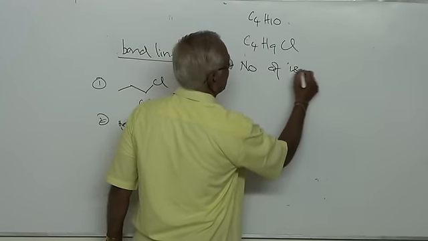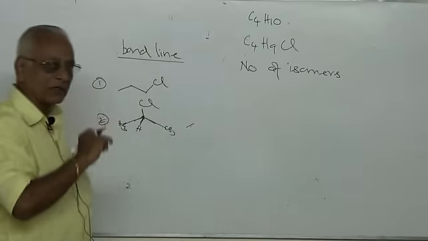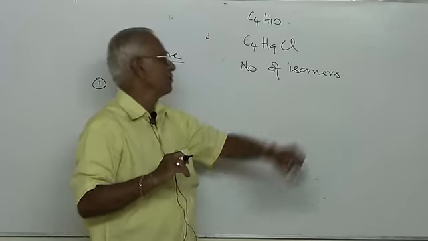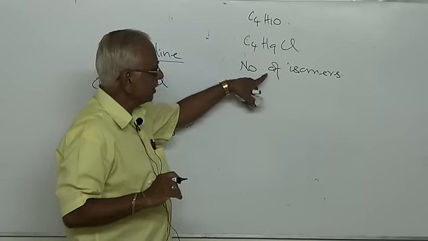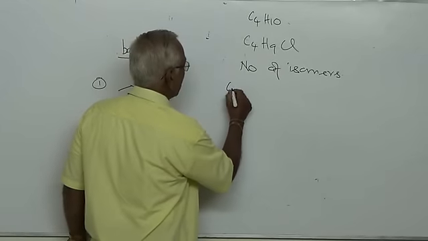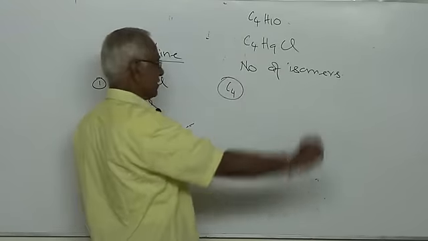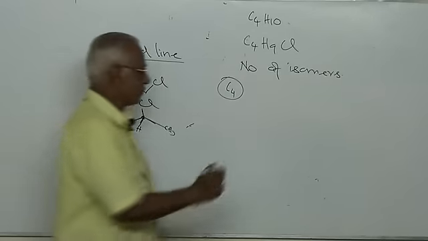Number of isomers. Now, you should be able to do all these things in the shortest period of time. And you should know how to identify this. You should be able to visualize this also. Now, the fastest way of identifying the number of isomers: how many possible skeletons are there for C4?